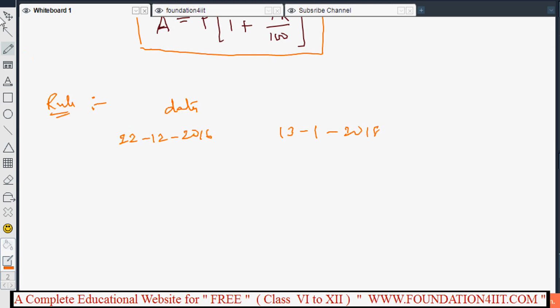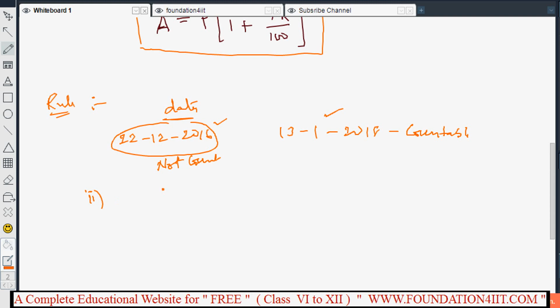In this case, the 22nd date will not count, so 23rd December onwards only will count. Whenever they give dates, we should not count the date when we borrowed, but we can count the date when we pay. The starting date we should not count. So next day onwards, that means 23rd onwards you can count. That is one rule.